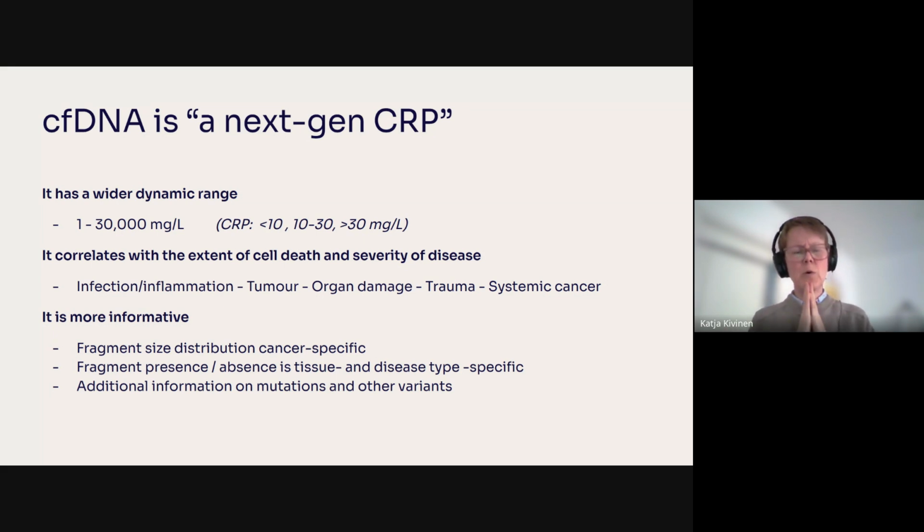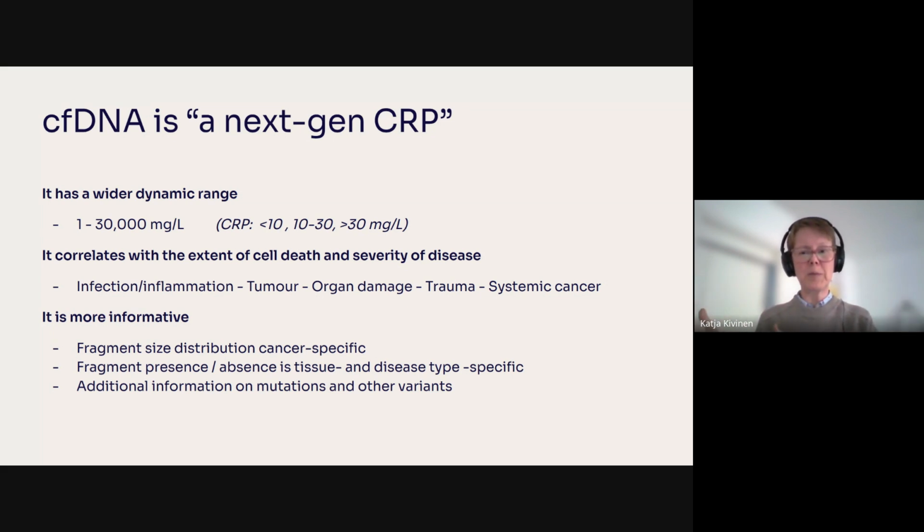But that's not all. Also, because it is DNA, it is more informative than CRP in itself. So first of all, the way it is fragmented in the body already gives some indication as to what the pathological process is. When there's cancer, these fragments tend to be shorter than when it's another pathological source.